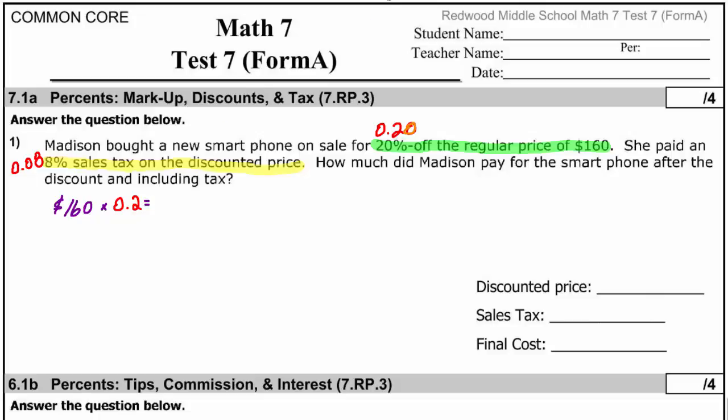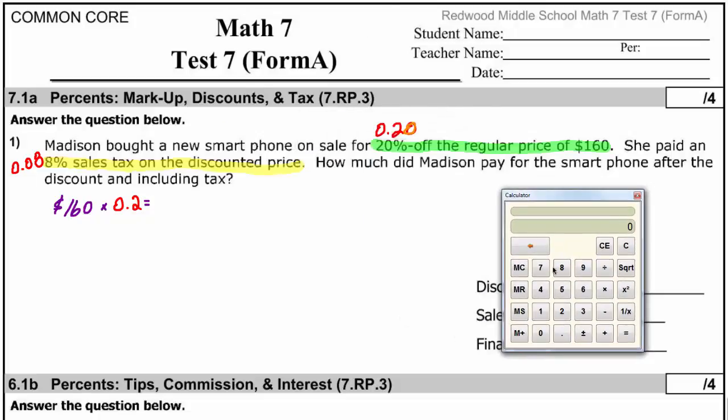And when I do that work, let me break out my calculator here. 160, oops, I got too many zeros, got to be careful. 160 times 0.2, $32. So I get $32. That $32 is the discount. That's how much I'm saving on the phone.